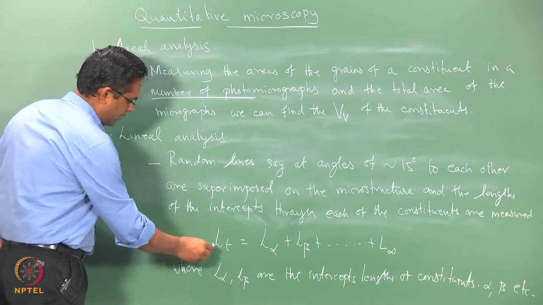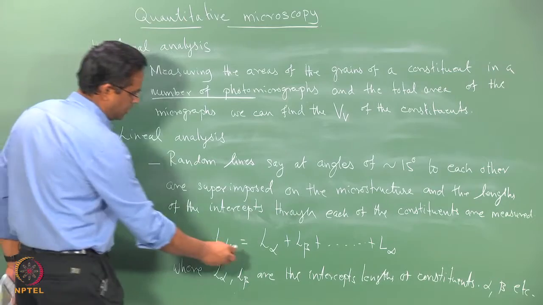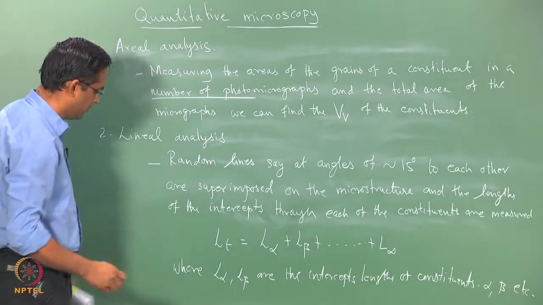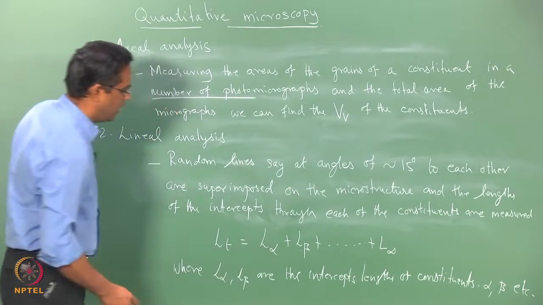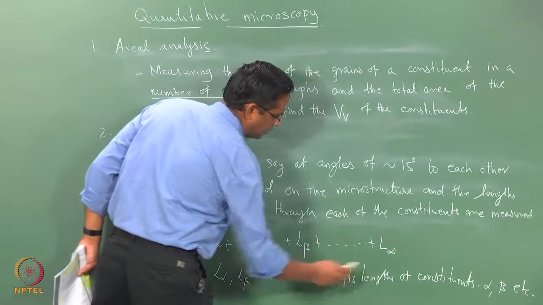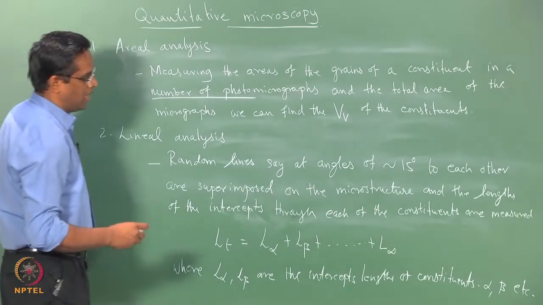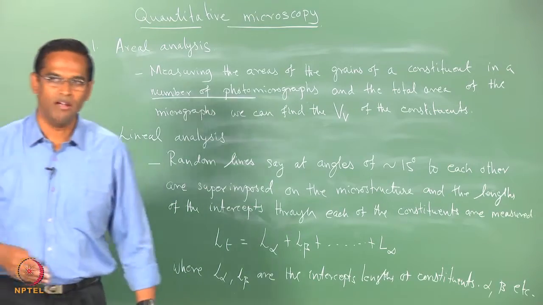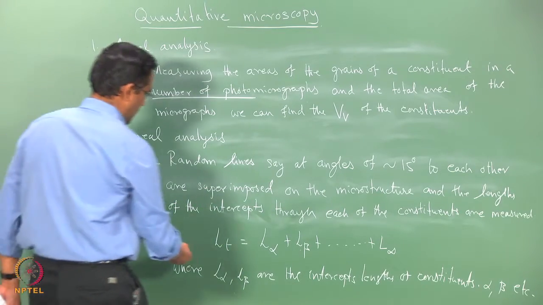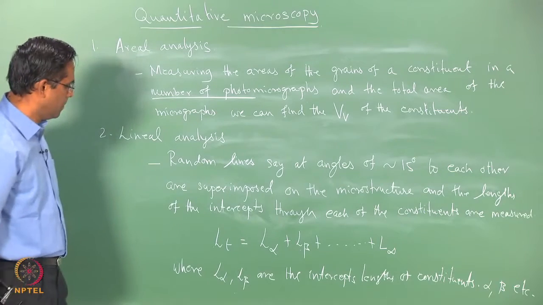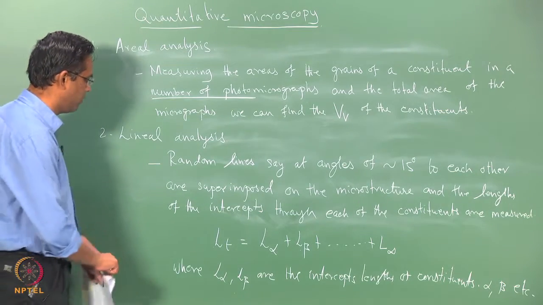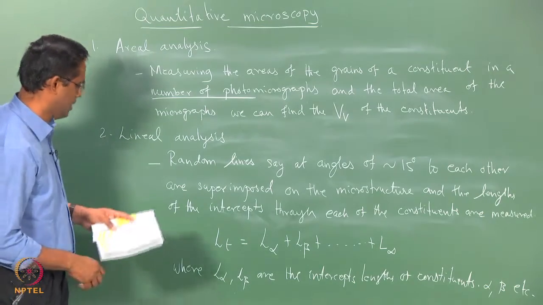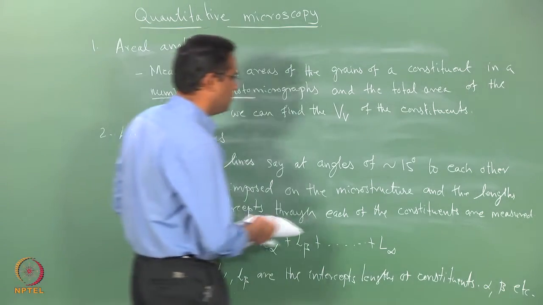So, you have L_T is the summation of L alpha, L beta, etc. up to L infinity, where L alpha, L beta are the intercept lengths of the constituents alpha, beta, etc. No matter how many constituents you have, these expressions are valid in this fashion. So, this is a brief definition of linear analysis. Let us move on to the next one.